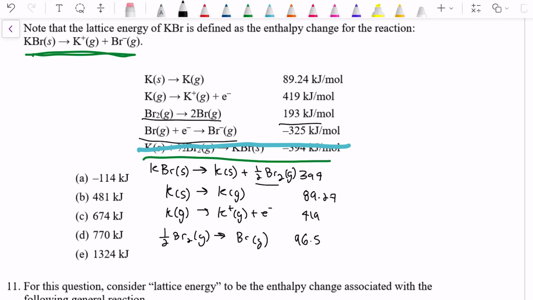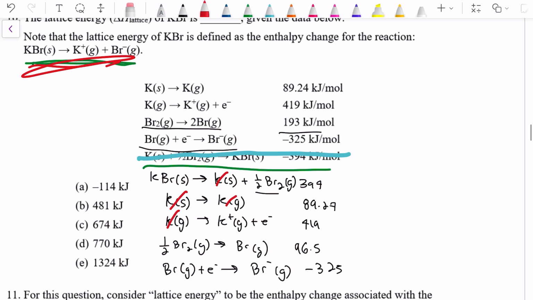We're just going to leave it as is. Br gas plus electron turning into Br minus, and that's negative 325. All right. Now, if you were to go through and cancel these, you'd get this reaction up here. But anyways, I set it up so that already happened.